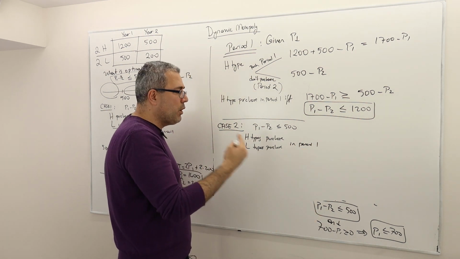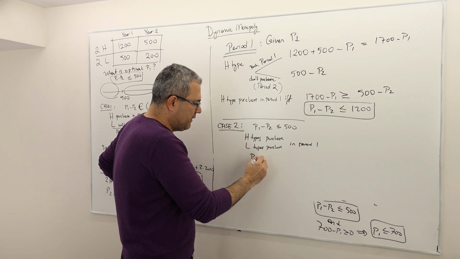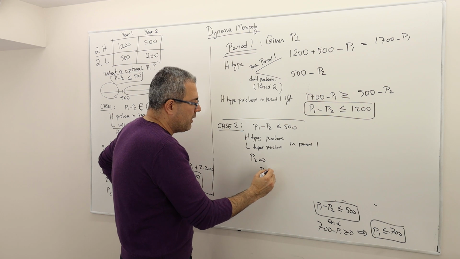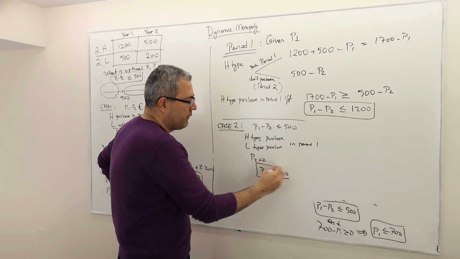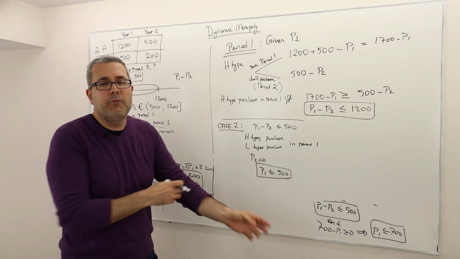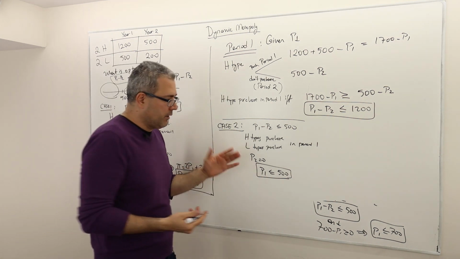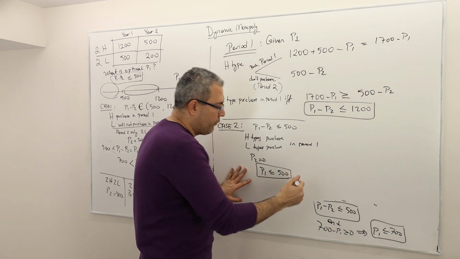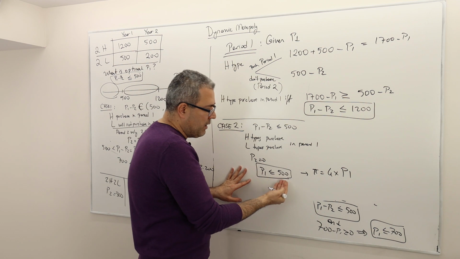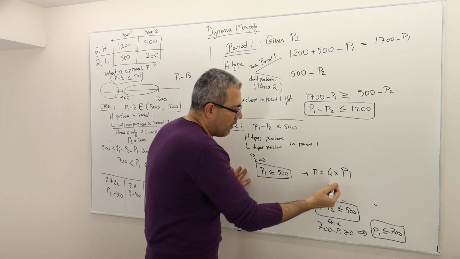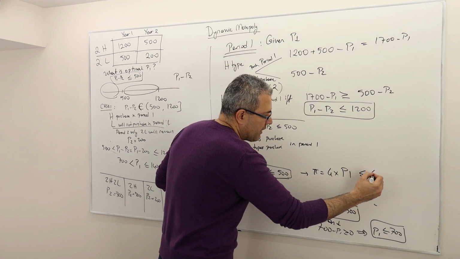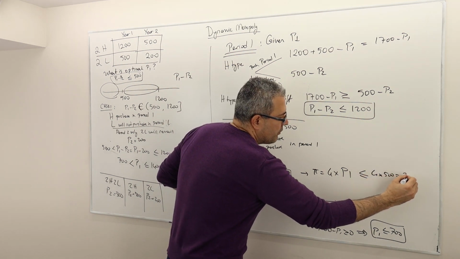That means the game will be over in period 1, and hence P2 is like 0. I mean, there's going to be no price of 2. So that means whenever P1 is less than or equal to 500, actually both high type and low type will purchase it. Obviously, because the firm can sell to all 4 customers, profit is going to be 4 times P1, but the P1 can be at most 500, all right?